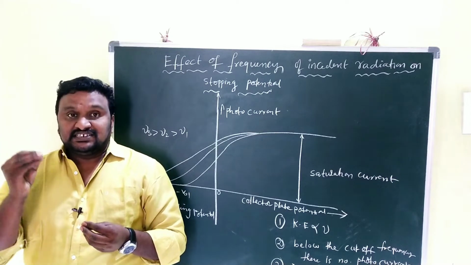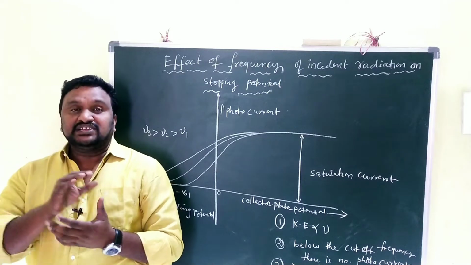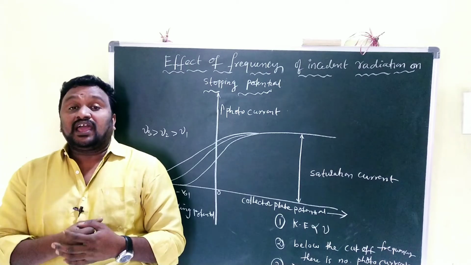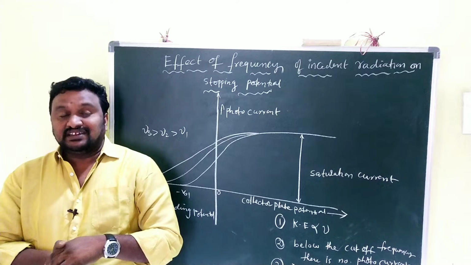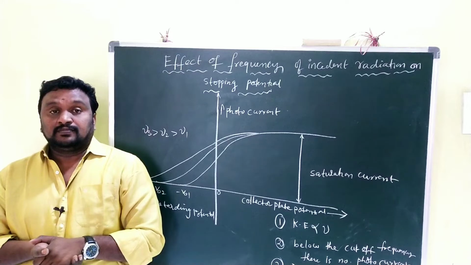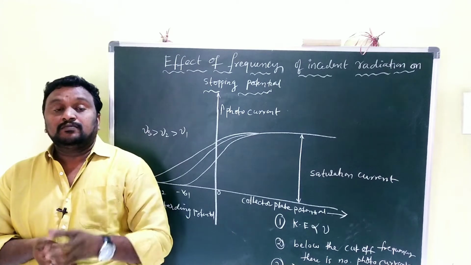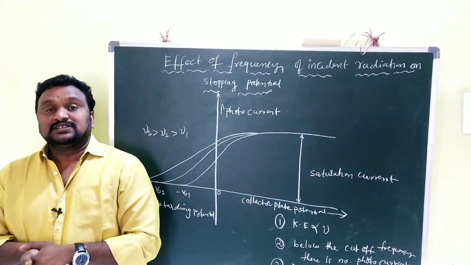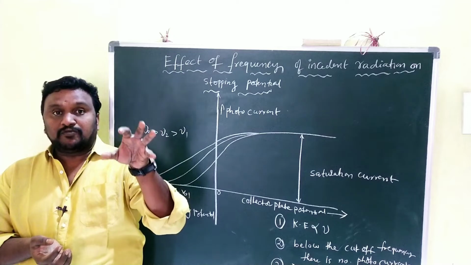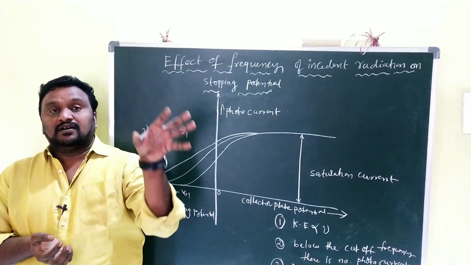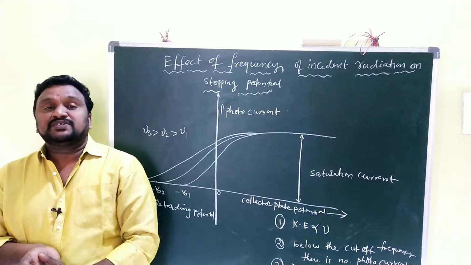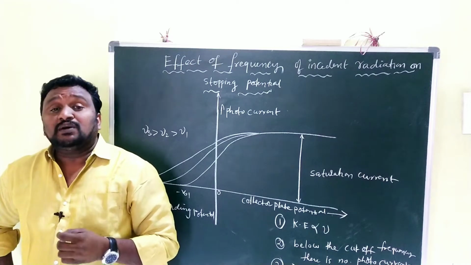When light of a certain intensity and a certain frequency is incident on any metal surface, the electrons are emitted from the metal surface.